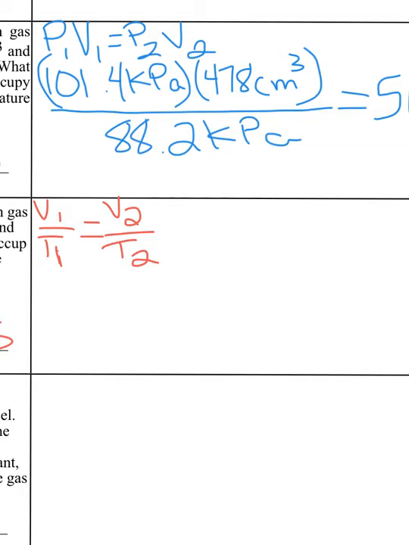Now, it's important to know that when you're dealing with gas laws, all the temperatures have to be in Kelvin, no exceptions. So we have to put these two temperatures into Kelvin. Okay, so we have negative 39.9 degrees Celsius.